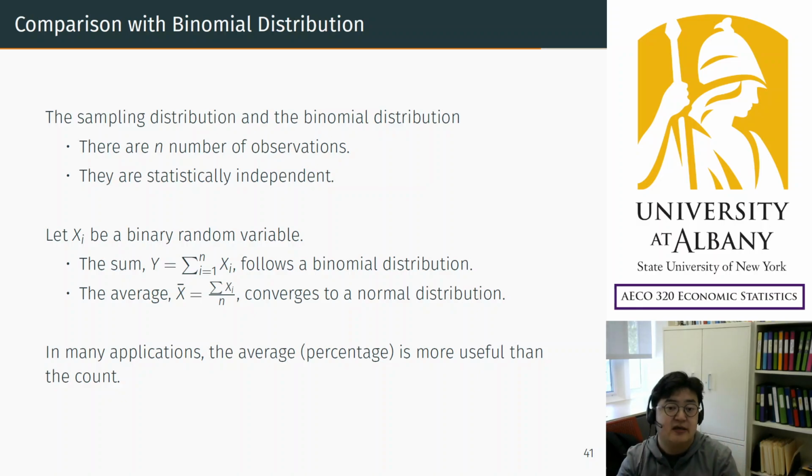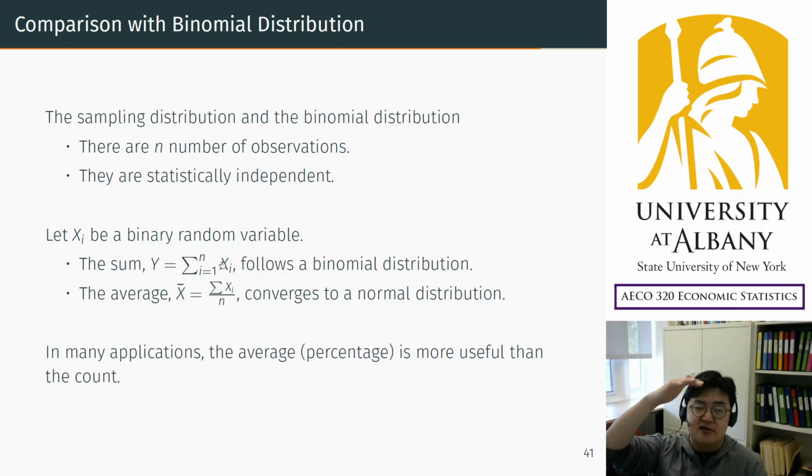But the difference is, in the binomial distribution, we summarize n number of observations by the number of successes. Instead of taking the average, as in the central limit theorem, we are counting the number of successes. In other words, in the binomial distribution, we define the final single outcome as the sum. Do you remember?